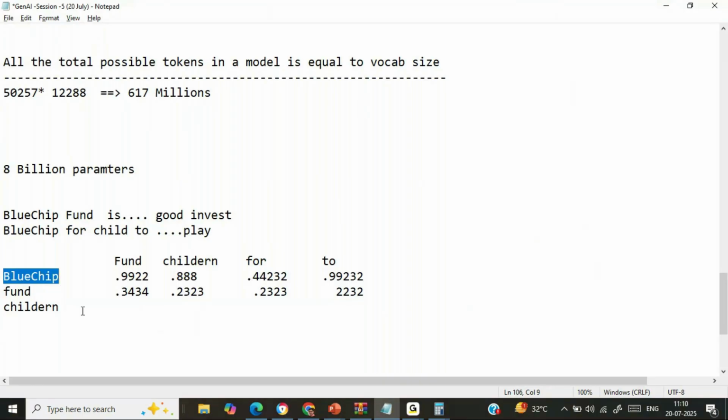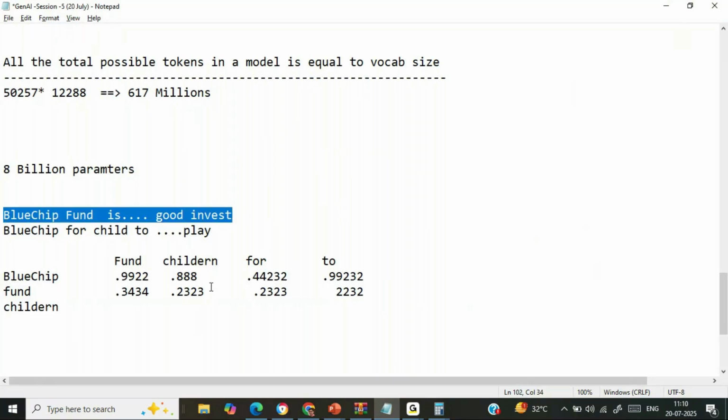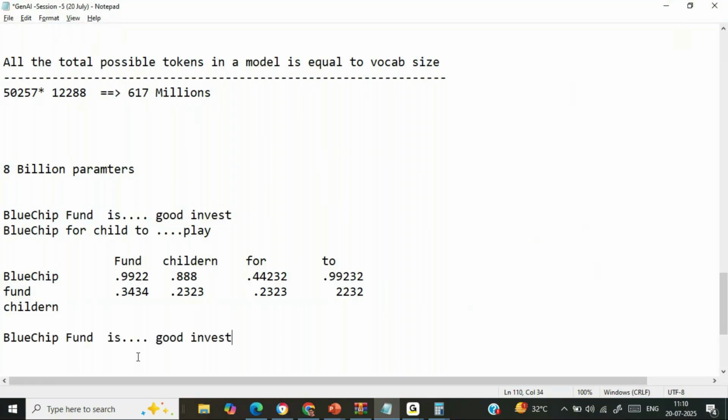So at the end, for blue chip fund, it will provide the outcome like this: blue chip fund is good to invest, and it might be possible it says good to play, fund is a game basically, blue chip fund is for children.